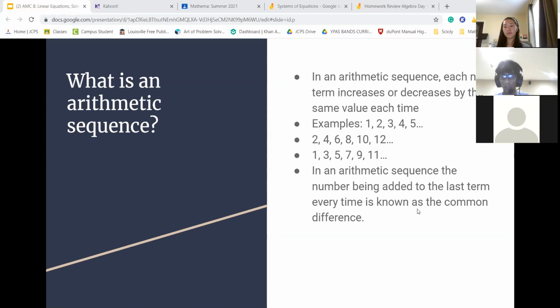So in an arithmetic sequence, the number being added to the last term every time is known as the common difference. In the chat, can somebody type what the common differences are for each of those 3 example sequences?